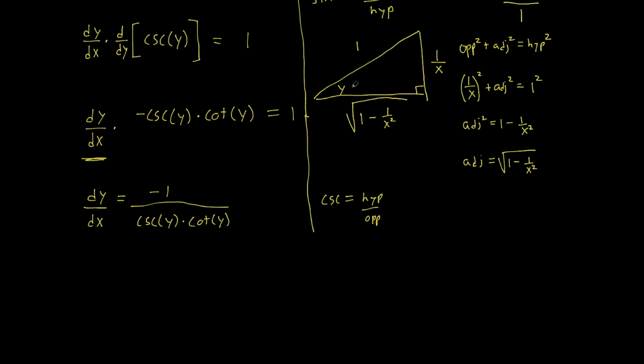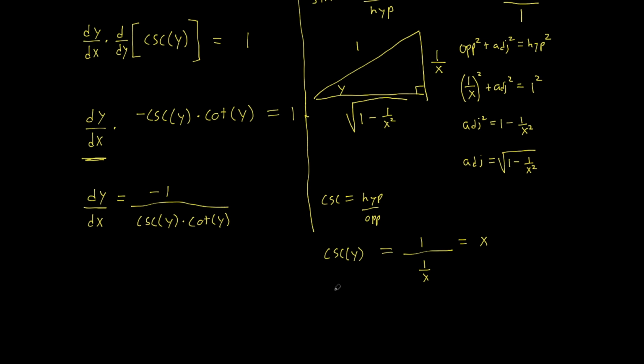And so in this case, cosecant of y equals 1 over 1 over x, which you're going to multiply by the reciprocal, make that division, it's just equal to x.